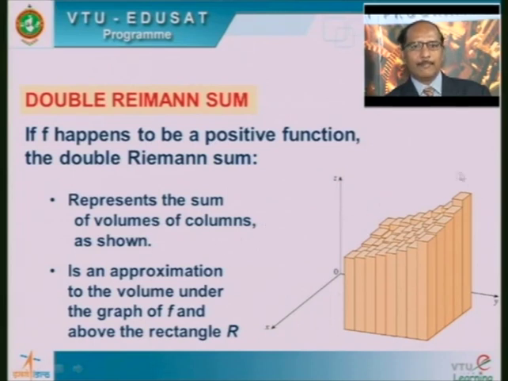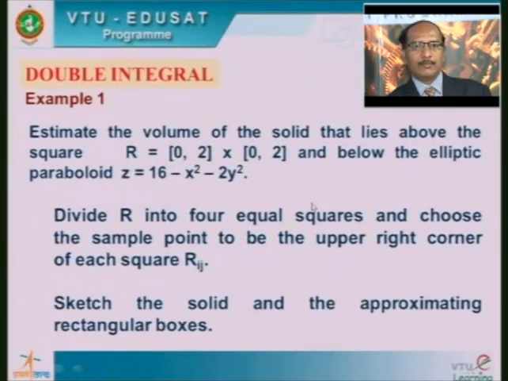It is an approximation to the volume under the graph of f and above the rectangle, that is, the solid generated below the surface and above the rectangle R. Let me take one example to demonstrate using the double Riemann sum.